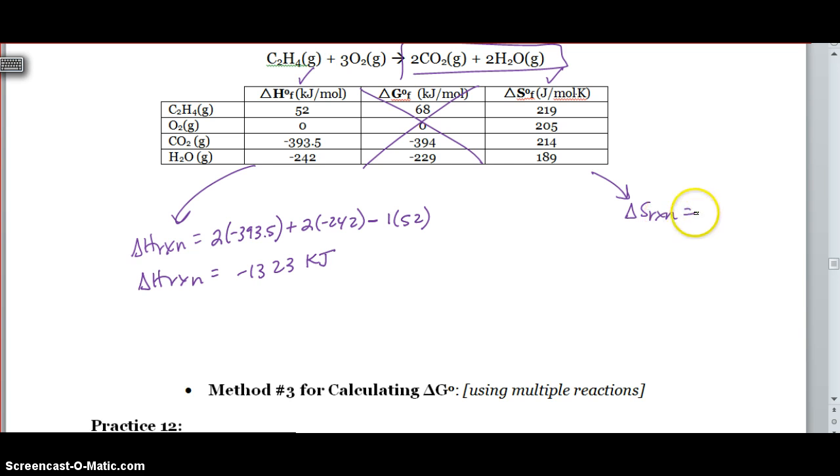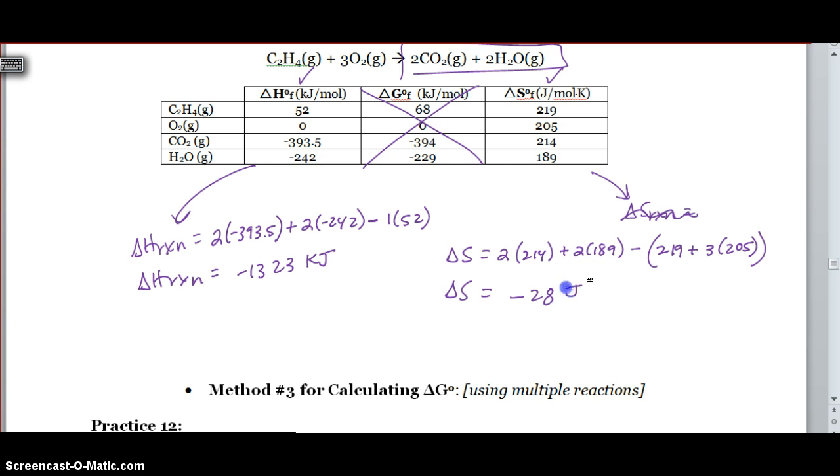Alright, so then we go to do delta S, do it right here. Now we're looking at this column, 2 times CO2's value plus 2 times water's value minus C2H4's value plus 3 times oxygen's value. So delta S comes out to be negative 28, and be careful because this is joules per Kelvin.